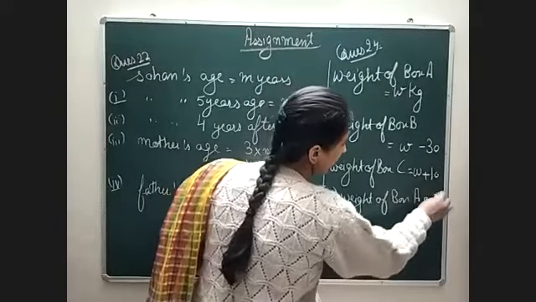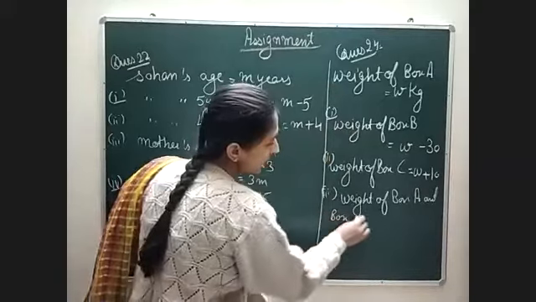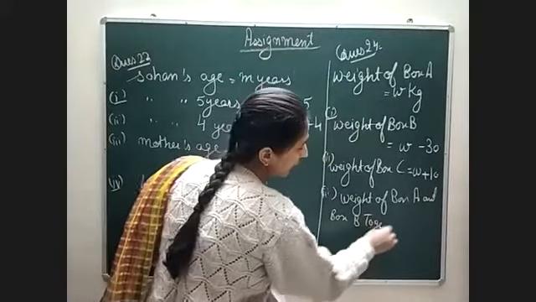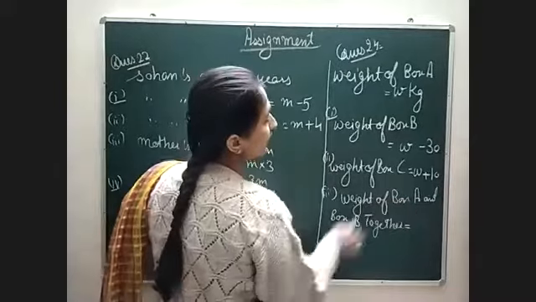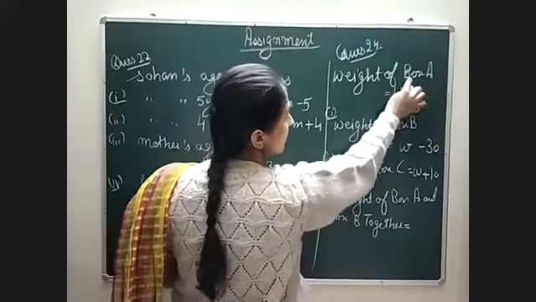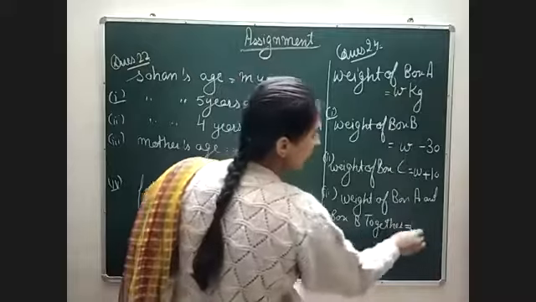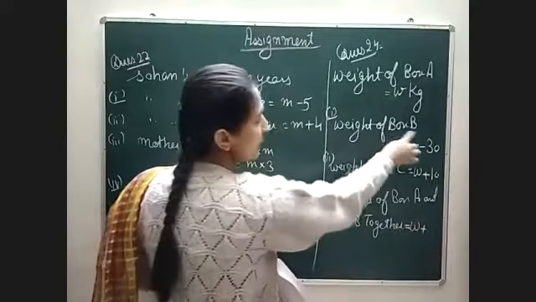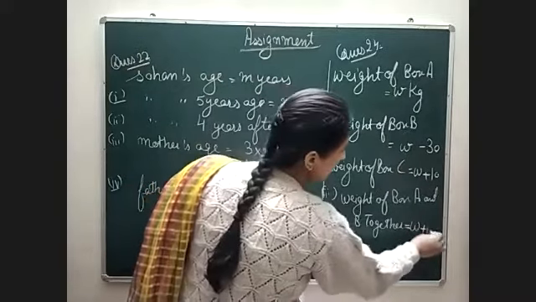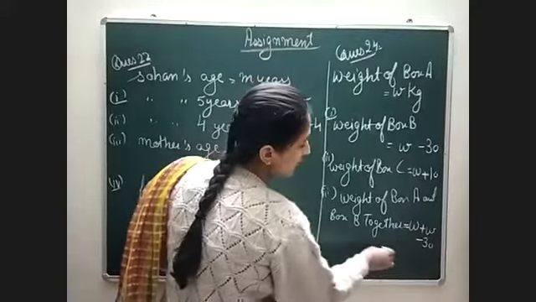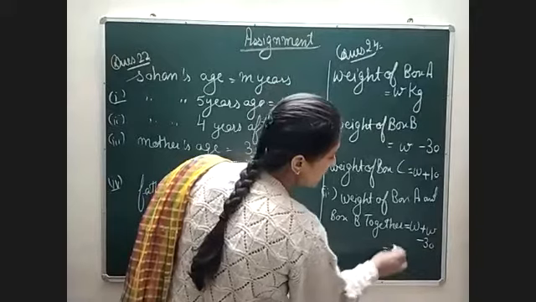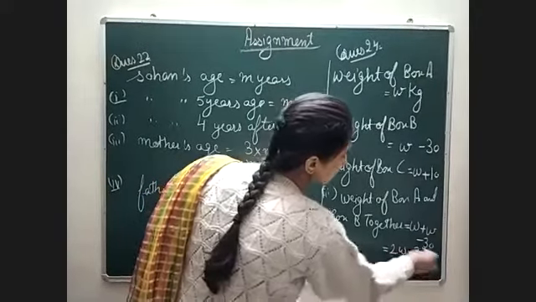Together means we have to add. Box A's weight is W kg and box B's weight is W minus 30. 1 time W, 2 times W. It is 2W minus 30.